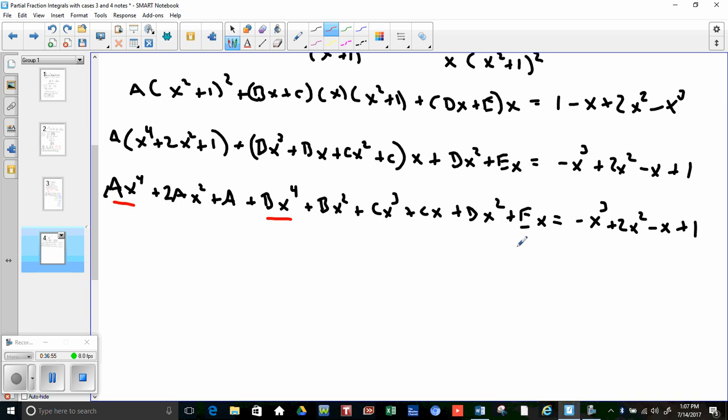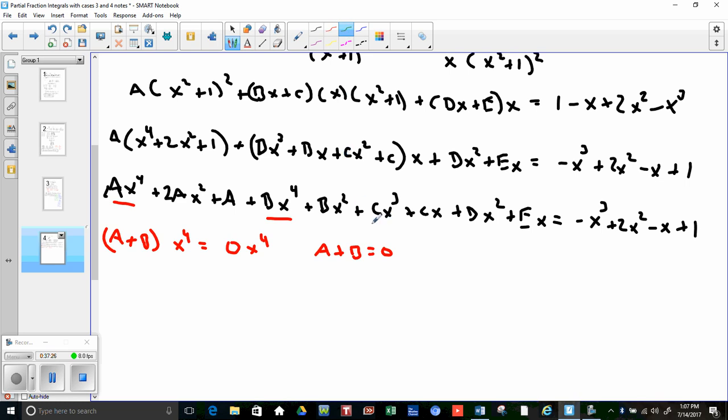So I know that (A plus B) x to the fourth has to equal 0 x to the fourth, which means A plus B must be 0. All right, that helps.